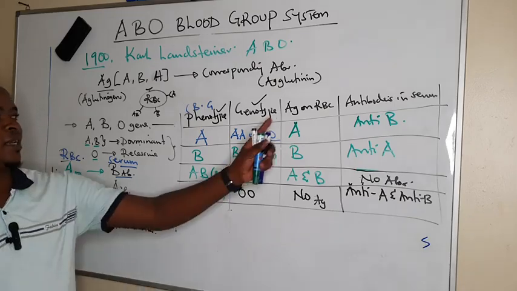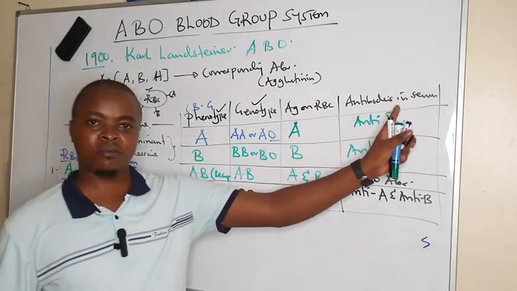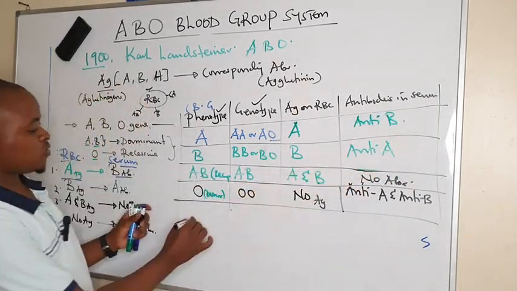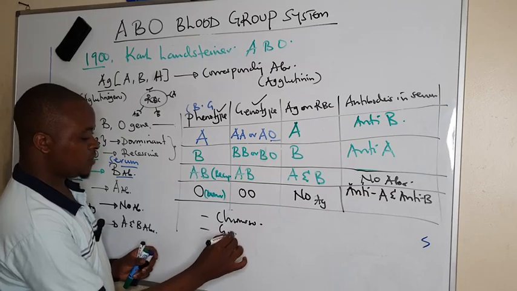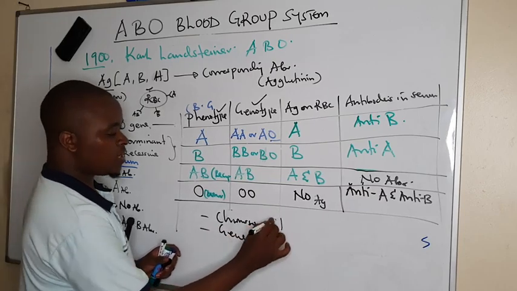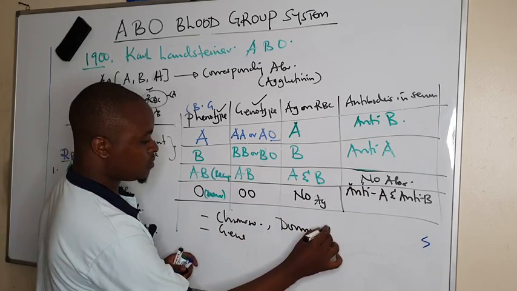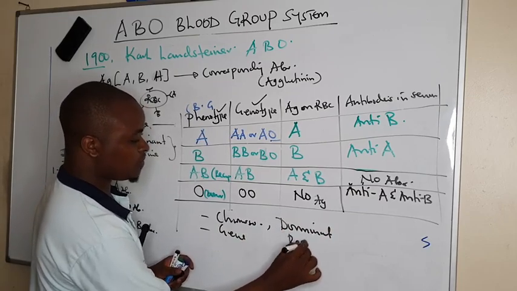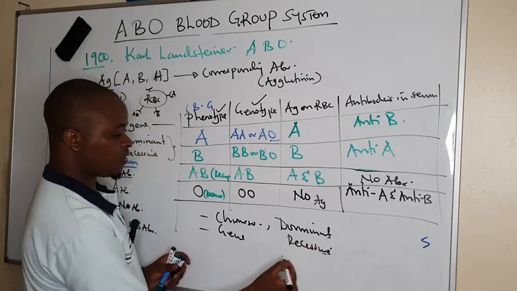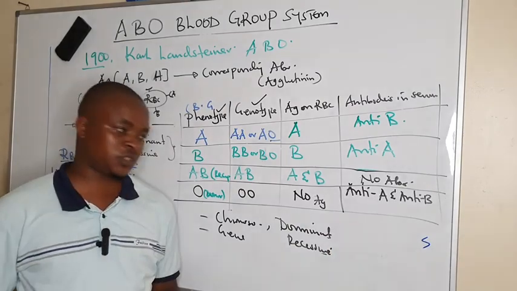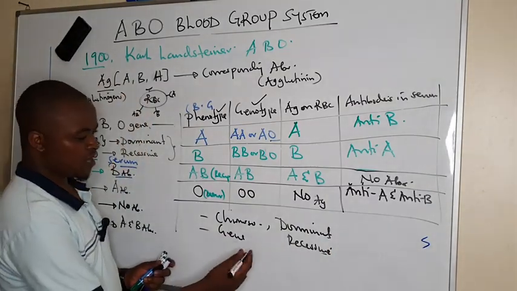They can ask you what is an antigen and what is an antibody. And then you must also know what is a chromosome, what is a gene. They can ask you what is a dominant gene. They can ask you what is a recessive gene. Those definitions are very important to understand as a student. And they can even ask you other definitions.